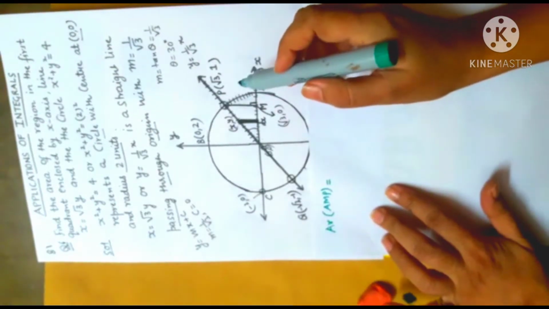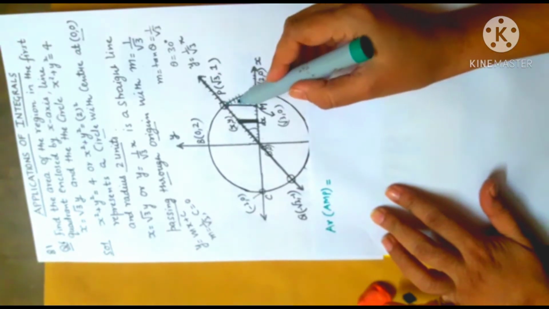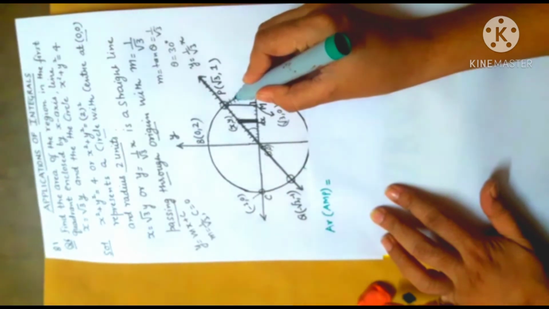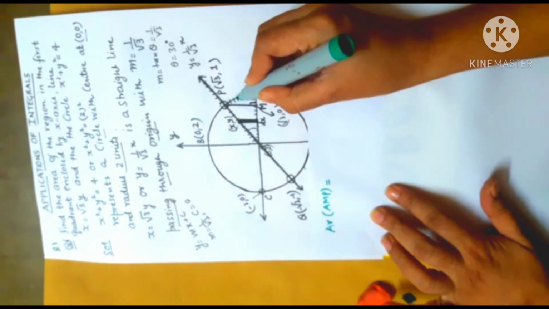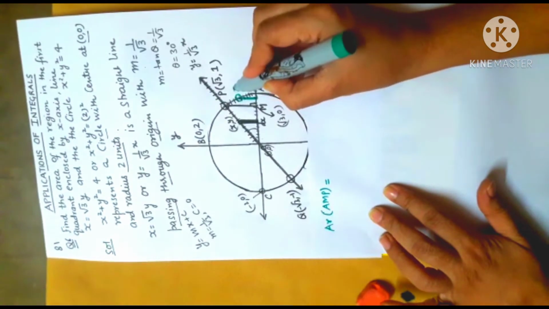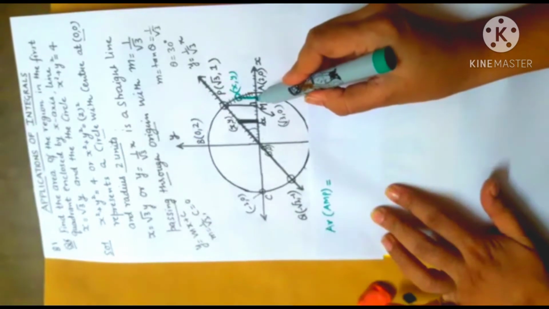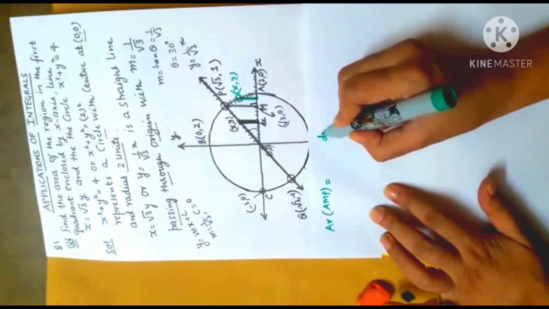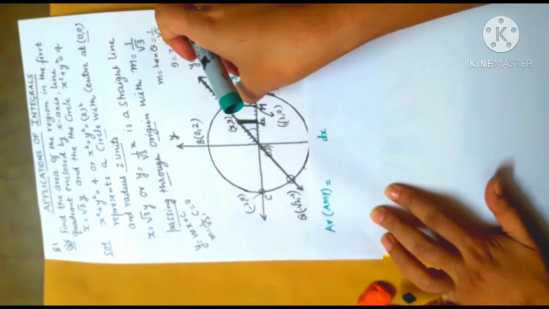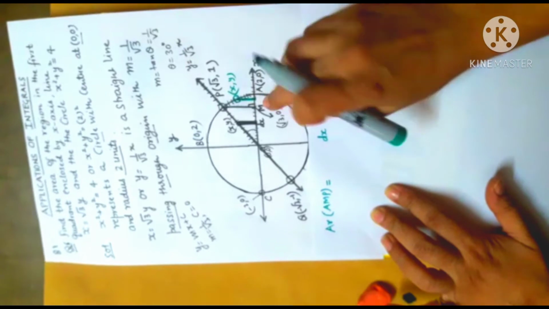Now we will find out the area of the region AMP, right? That is this region. For that, I'll consider a thin vertical strip here. Let the coordinates of this point be x comma y, right? Width of the strip will be dx. Length of the strip will be given by this distance, and it is the distance of this point from the x-axis.